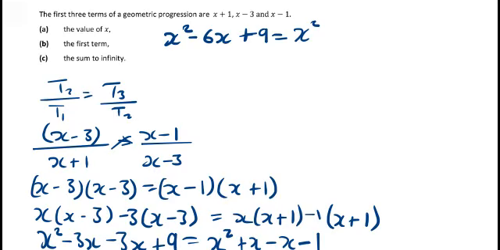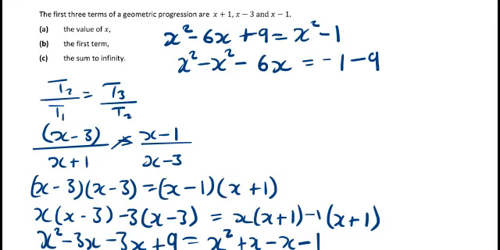That is same as 0, and then you're going to have negative 1 there. And then from this point, you group your like terms, you're going to have x squared, which is negative x squared, negative 6x, and then it will be equal to negative 1, and then you're going to have negative 9 there when 9 comes to the other side.